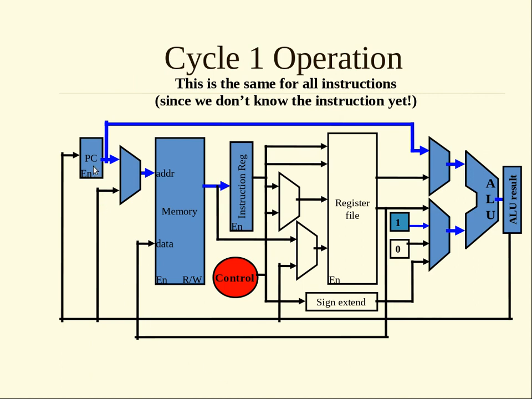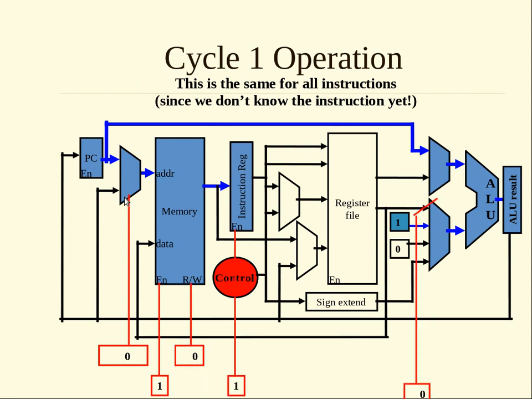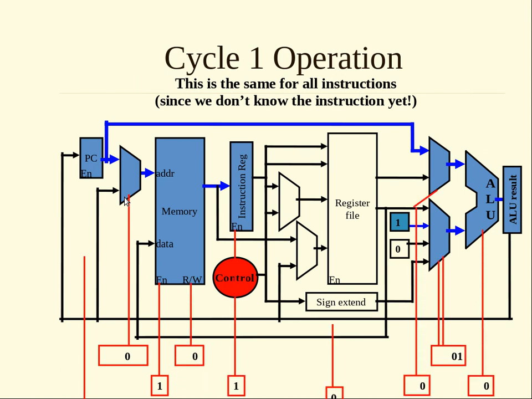So this is going to look something along these lines, where we want the PC to go here. So we don't enable the program counter. We do forward it to this mux where we select the program counter as the address to main memory.